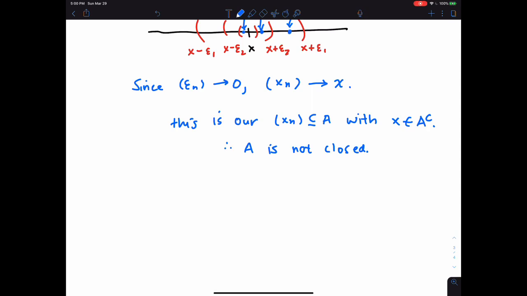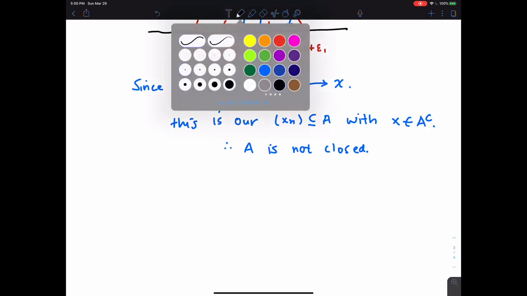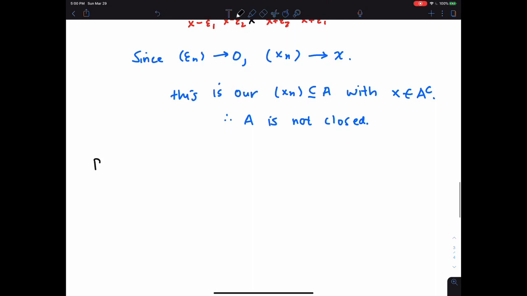So let's write a proof of this. We're doing a proof of the forward direction. This is by contrapositive, and so our assumption is that A complement is not open.